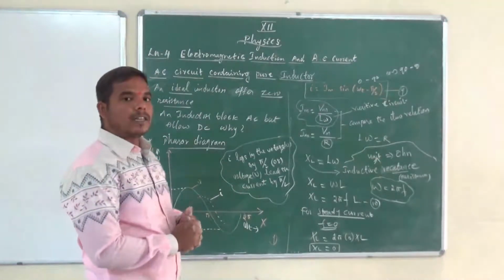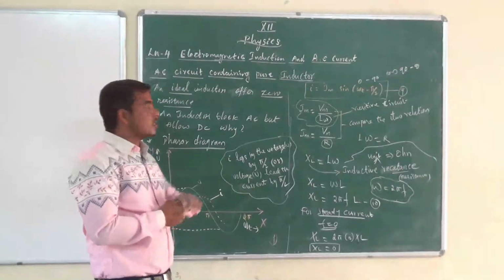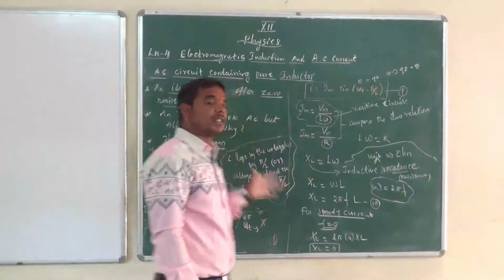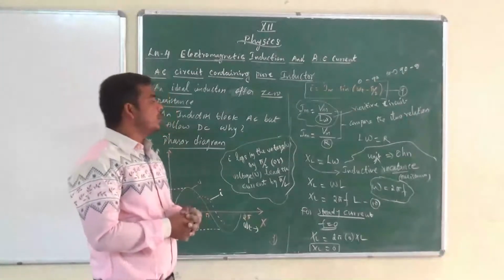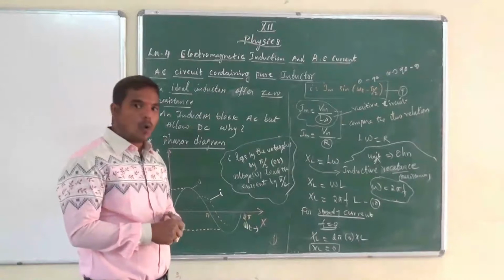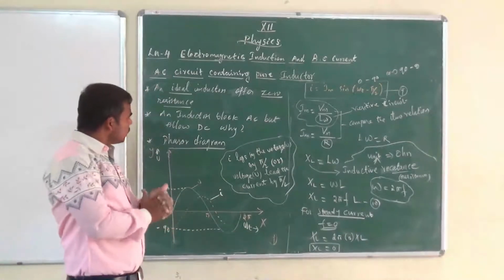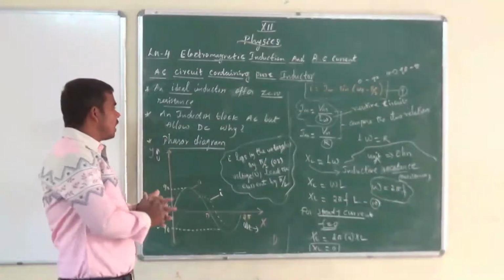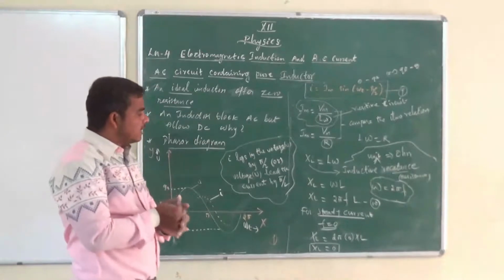Any doubt for this question? You have to remember these equations and required factors. If the question is, what is the unit of inductive reactance? Or, why does the inductor block AC but allow DC? That is your homework, you will answer next class.